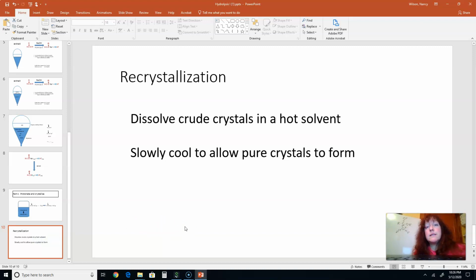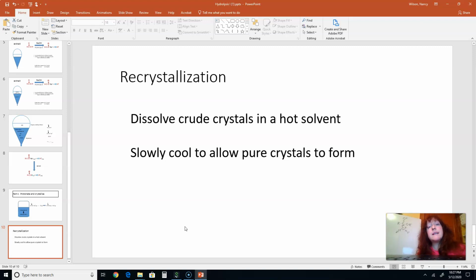The way recrystallization works is you find a solvent where the material is soluble in hot solvent, but insoluble in cold. And in this case, water works well for that. So we will dissolve the crystals in just enough boiling water to get them dissolved and then let them cool slowly.